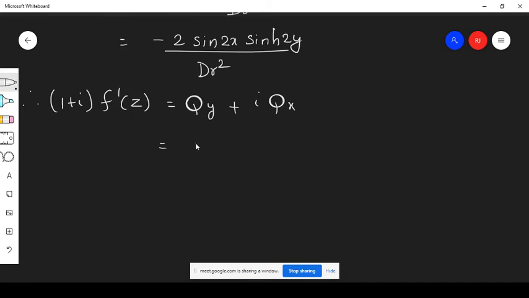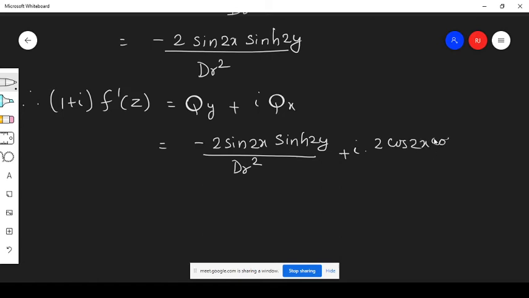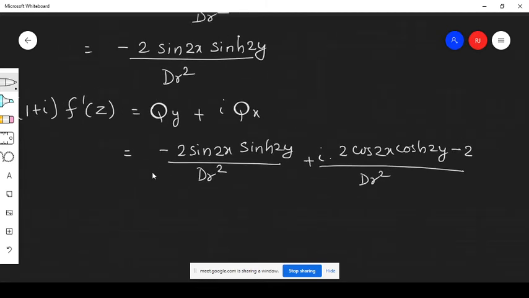Qy was minus 2 sin 2x sinh 2y divided by the denominator square, plus i into qx. Qx was 2 cos 2x cosh 2y minus 2, the whole divided by denominator square. Both denominators are same. So by denominator square, this is our qy plus i qx.